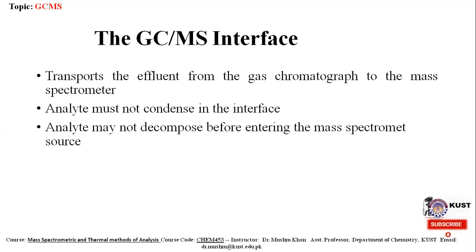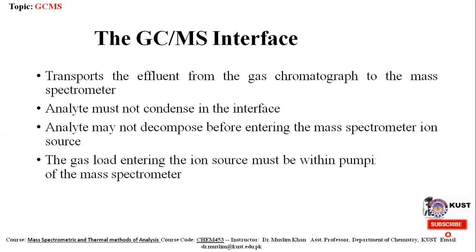The analyte must not decompose before entering the mass spectrometer ion source. And the gas load entering the ion source must be within the pumping capacity of the mass spectrometer, meaning the mass spectrometer should not be overloaded with a mobile phase.